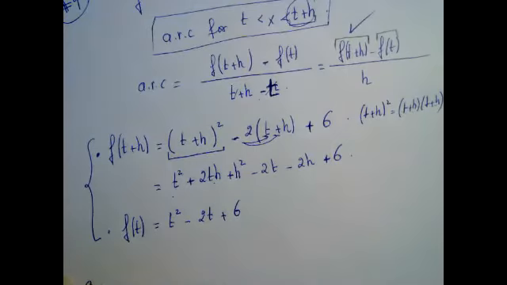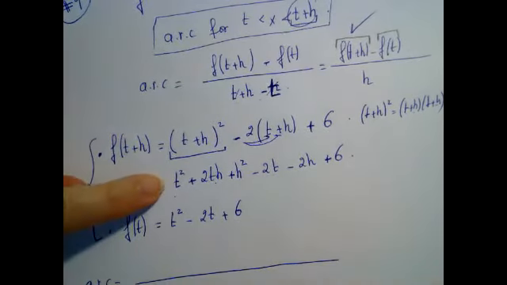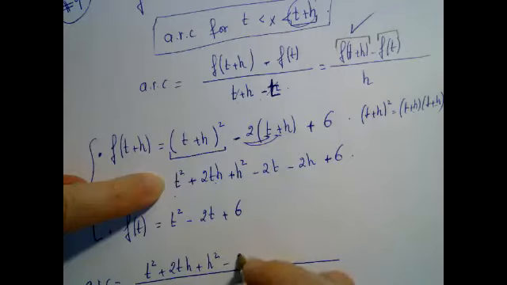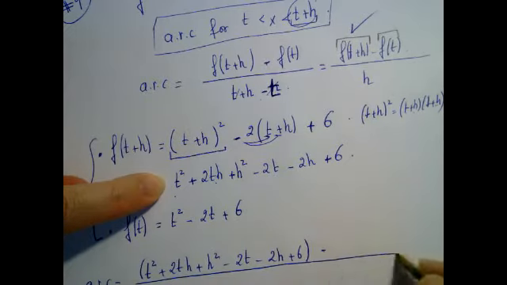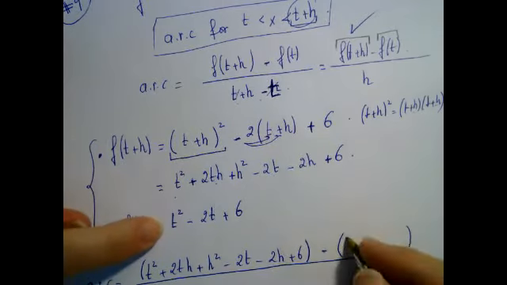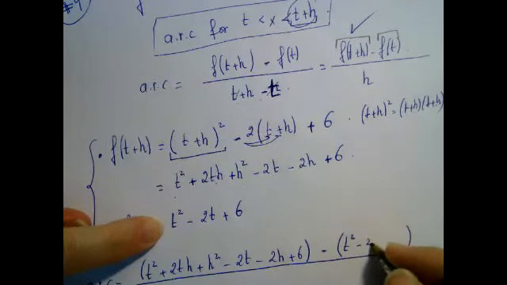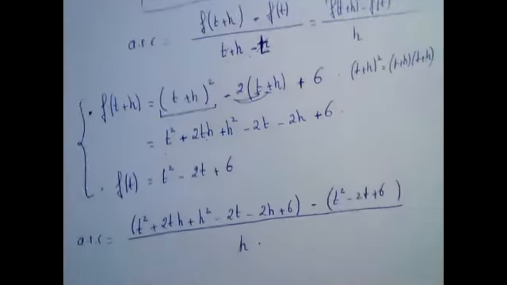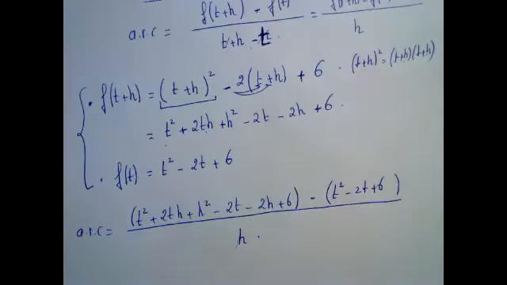So I evaluated those separately, and now I'm going to put them back into the formula. The average rate of change becomes f of t plus h, minus, parentheses. Do it very slowly; it's not actually hard. Be careful with your parentheses, how you distribute. All those problems are for you to practice these ideas.